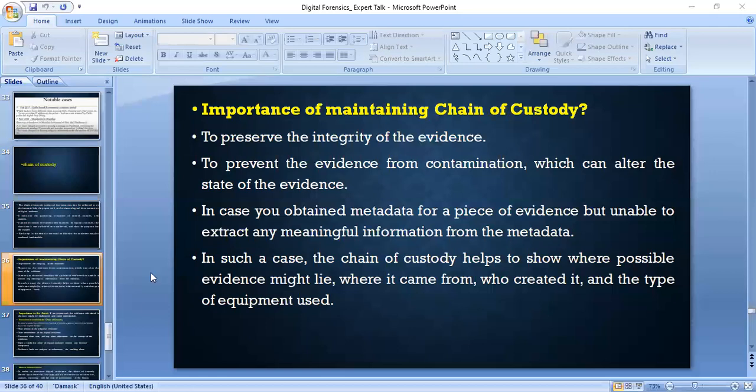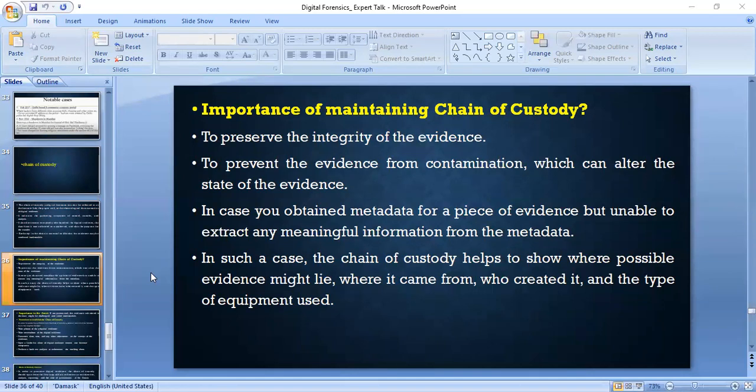In case of chain of custody, what exactly the things we will consider is to preserve the evidences with integrity. Integrity means whatever the original content we are having, make sure the original content remains the original one. Preserve the evidences and the state of the evidences from one person to another person.